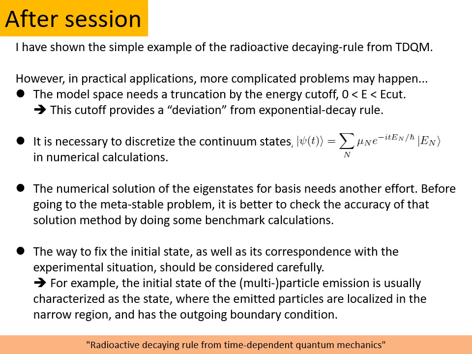Finally, the way to fix the initial state, as well as its correspondence with the experimental situation, should be considered carefully. For example, the initial state of the multiparticle emission is usually characterized as a state where the emitted particles are localized in a narrow region and has the outgoing boundary condition.